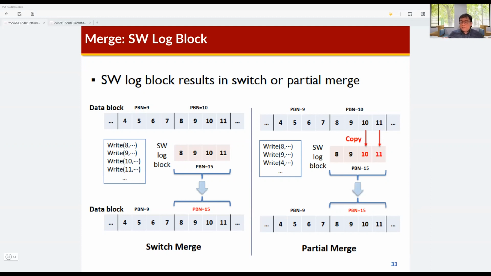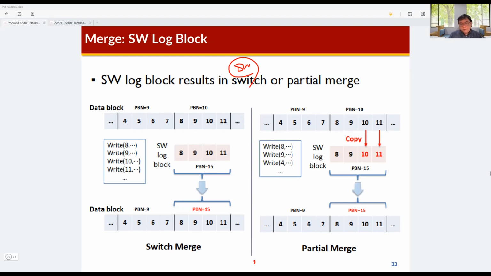And then with this sequential write log block, the FAST can also perform the switch merge or partial merge, because the write operation to this log block is performed sequentially. So we can use the two kinds of simple merge operations, switch merge and partial merge, and that's also simple.